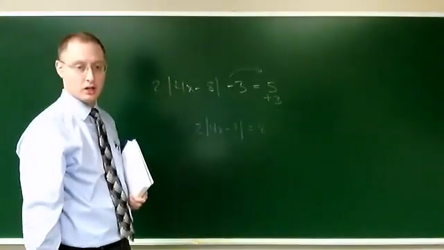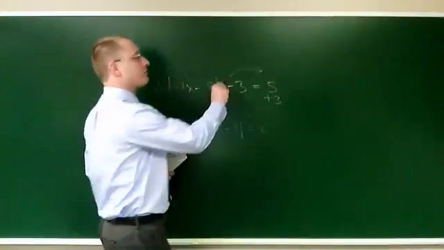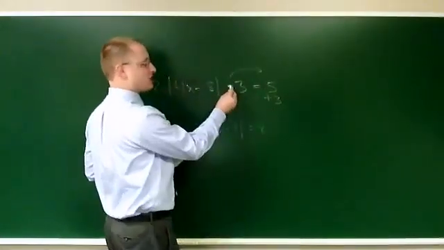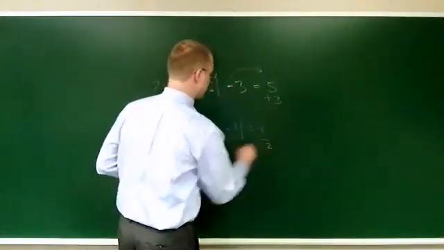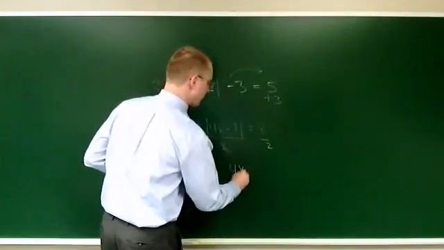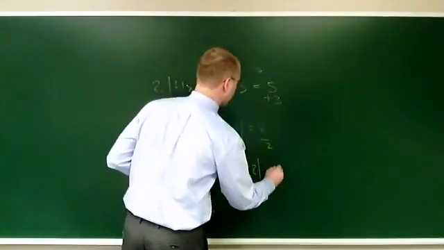Yeah, I subtracted the 3. I wondered. Make sure when you move it over as the opposite, when it changes sides, it changes signs. Then, of course, from here, we would divide away the 2 to get the absolute value of 4x minus 8 equals 4.